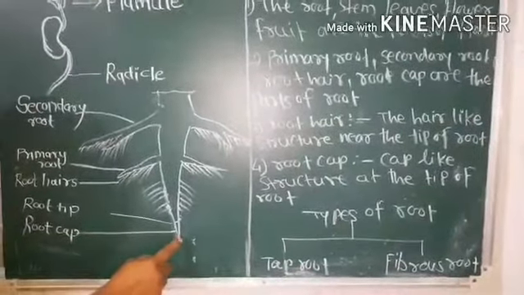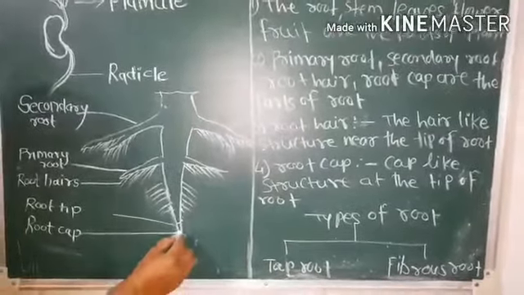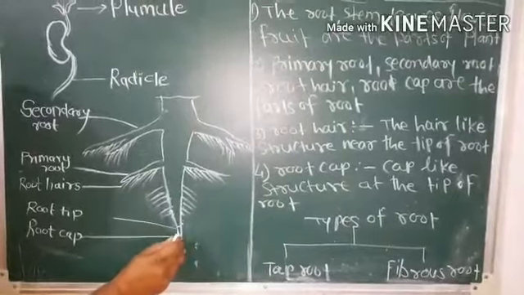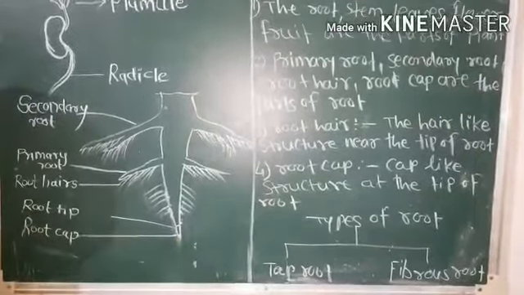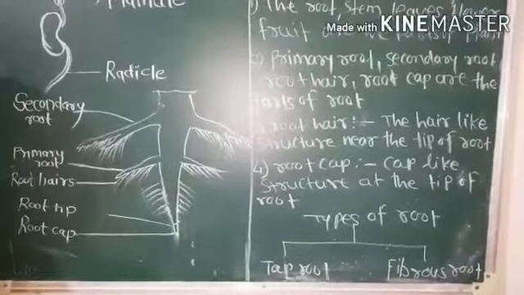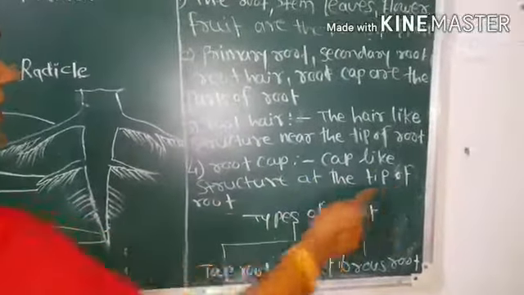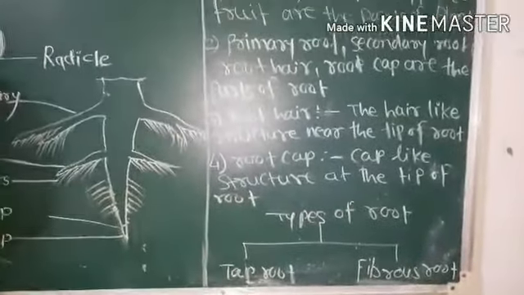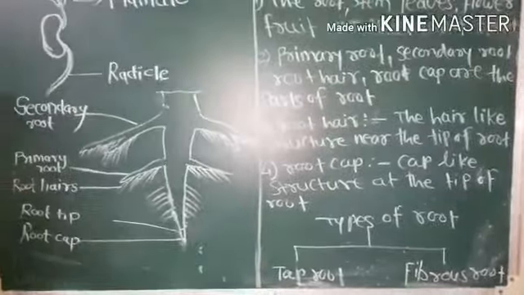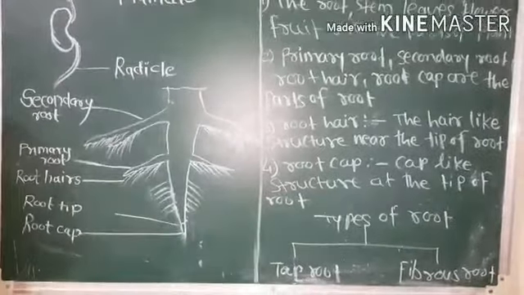See here, this is the tip of the root, and on this tip of the root there is a cap-like structure. This is called the root cap. Root cap means the cap-like structure at the tip of the root.